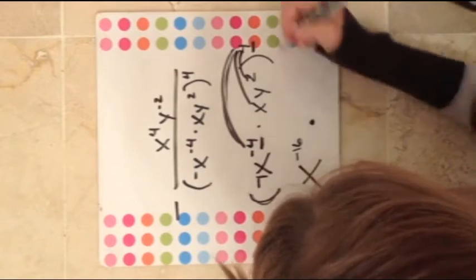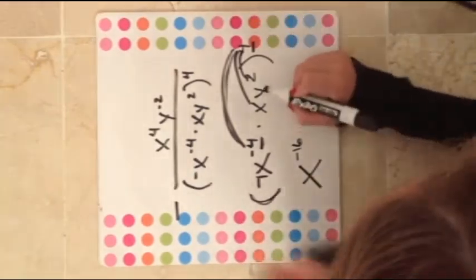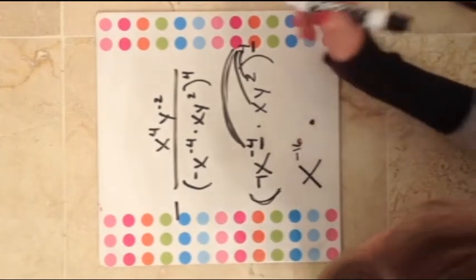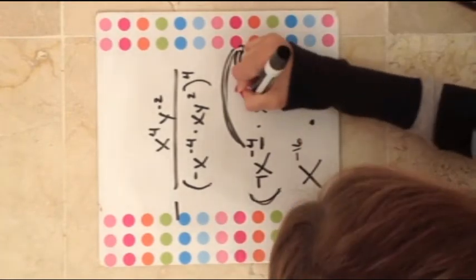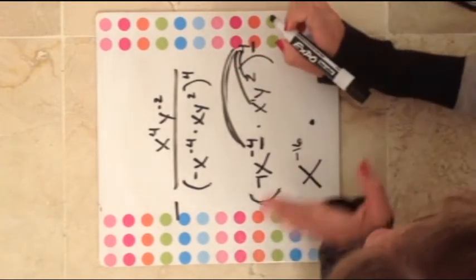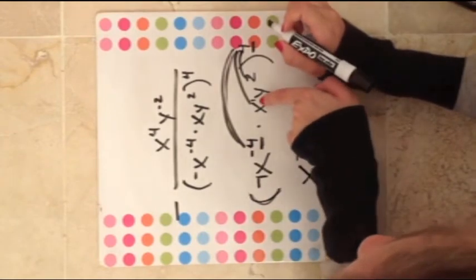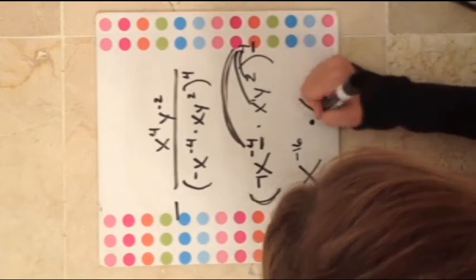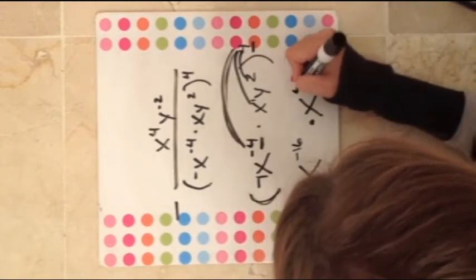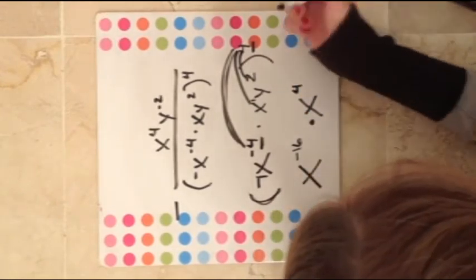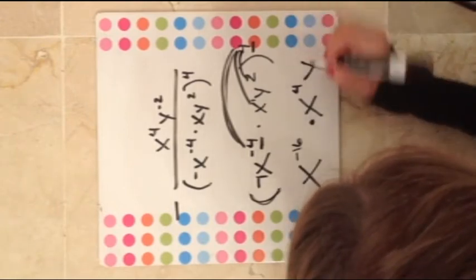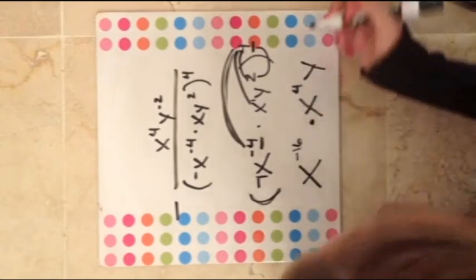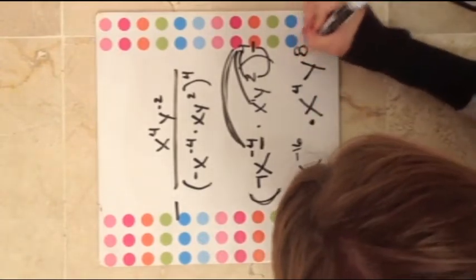When you have the variable alone, you automatically know that a 1 comes here. So it is actually x to the power of 1. So you multiply 1 times 4, which is x to the 4. Okay. And then you do y, and you multiply this 2, and that gives you y to the power of 8.